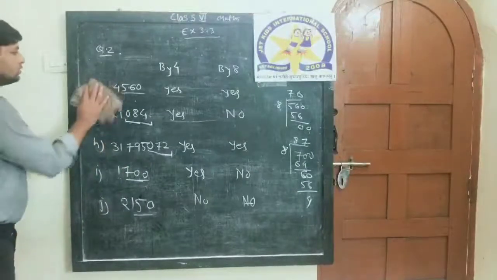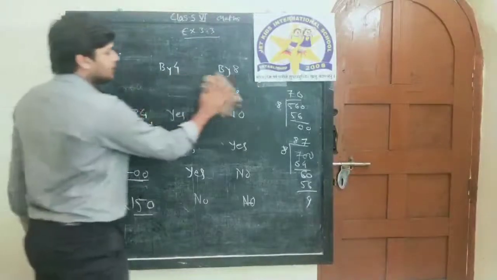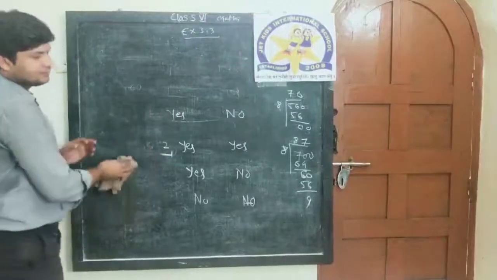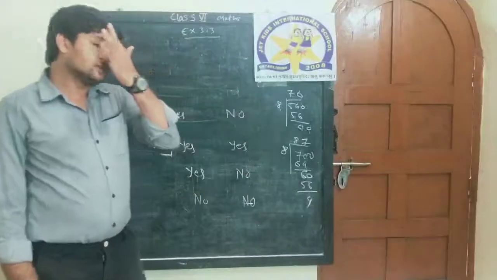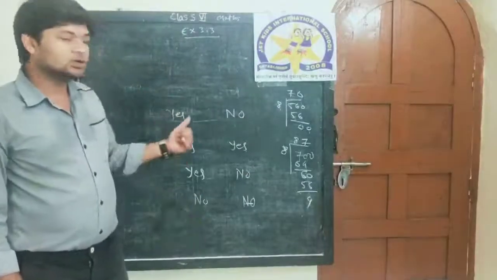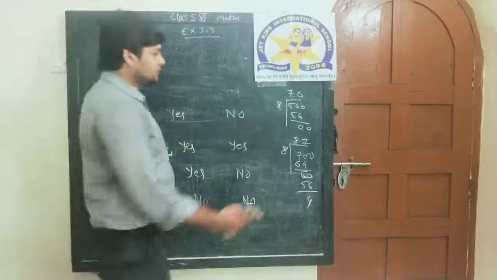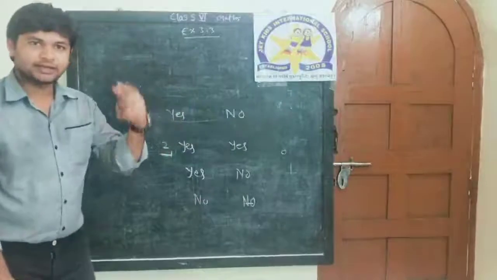Now we are proceeding to our next question, that is question number 3. See why I am doing this whole question? Because if I am taking this whole question, you will get used to these things. You can do it in two ways: first in a tabular form, second in statement form.